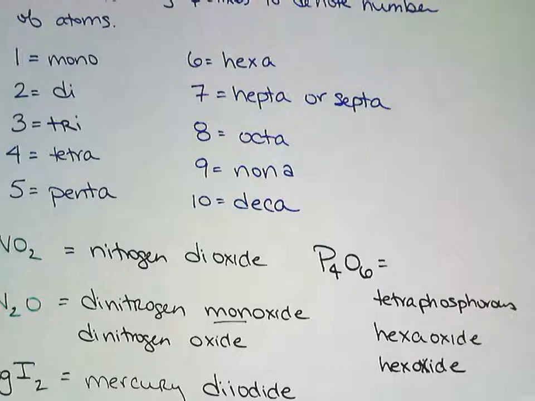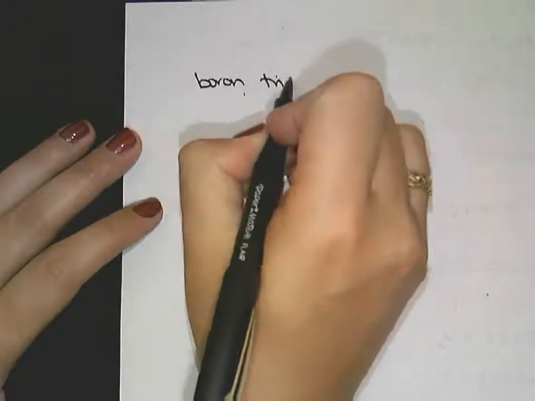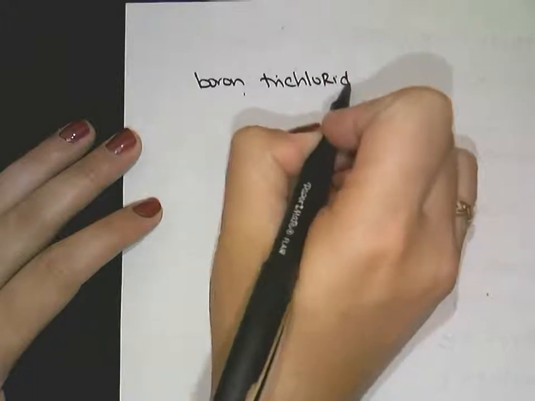What if I had boron trichloride? What elements, letters should I use? Okay, so B for boron, and then what letters for chloride? Cl, and then how many? Yep, three.